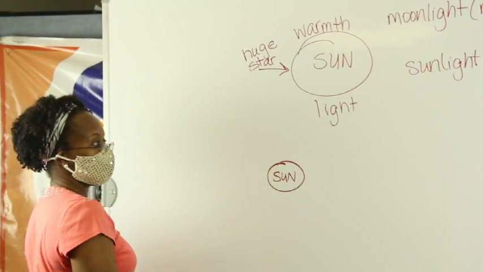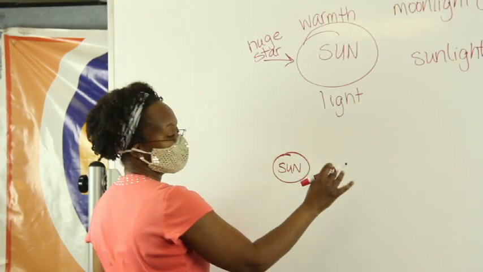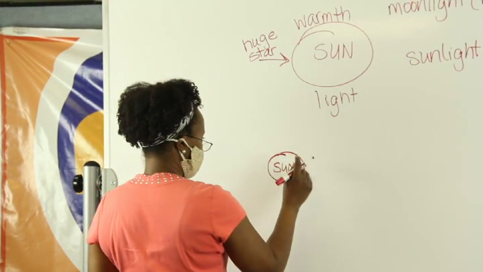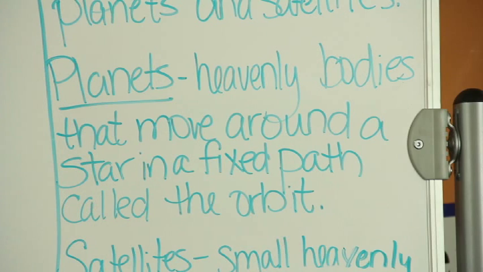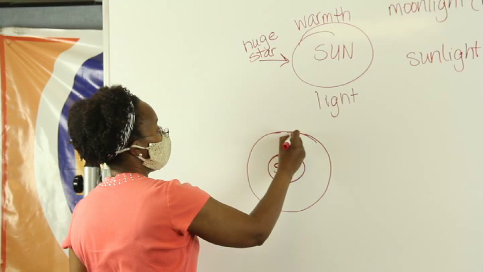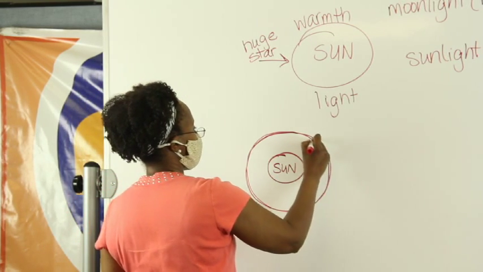Now, this star, to make our solar system, has planets and satellites that actually revolve around the sun. And so, planets are pretty much heavenly bodies that rotate or move around the sun. As you can see here, that's the definition, around the sun in a fixed position. That means it always goes in this path, just like this.